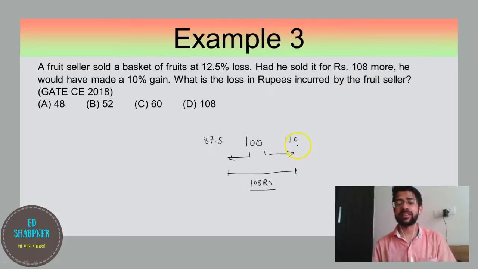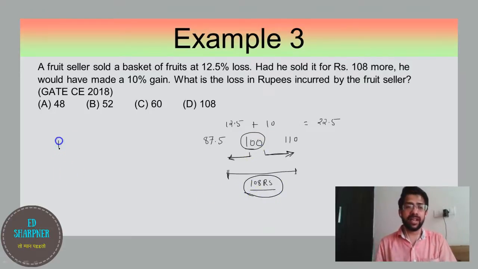That means the selling price would have been 110 for each 100. Now this 108 corresponds to this particular gap, which is 12.5 plus 10, which is 22.5 per 100. So 108 corresponds to 22.5 per 100.